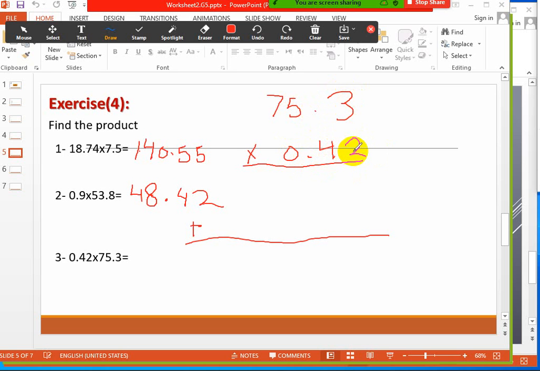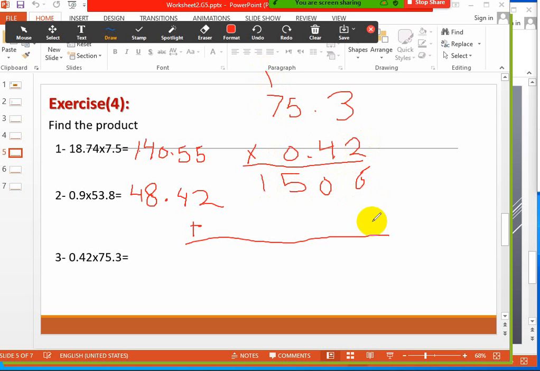Now, first thing, 2 multiply 3. I will do it quickly. 2 multiply 3 equals 6. 2 multiply 5 equals 10. I will put 0 here and 1 above the 7. 2 multiply 7 equals 14 plus 1 equals 15. So I will put the 15.